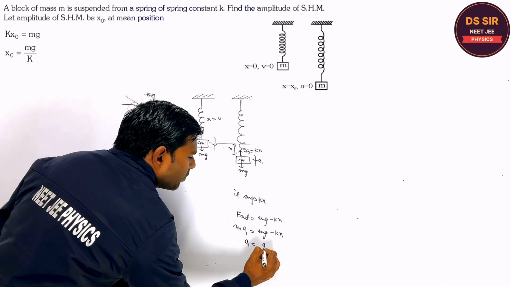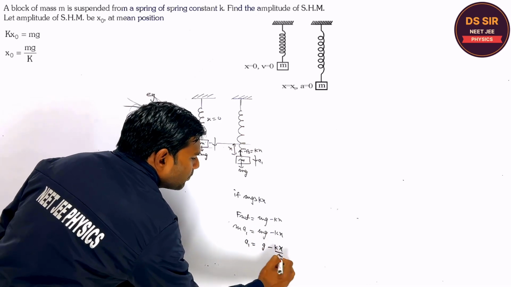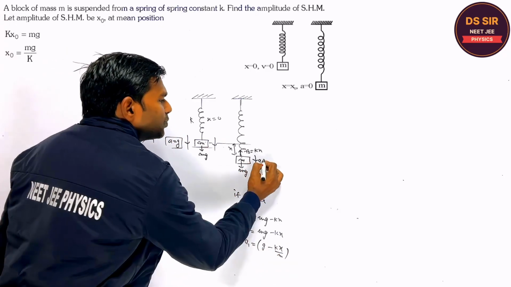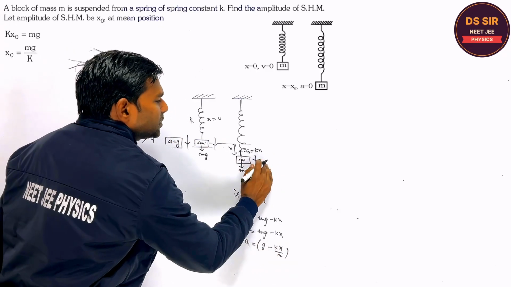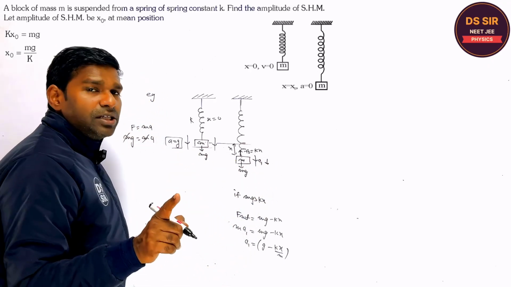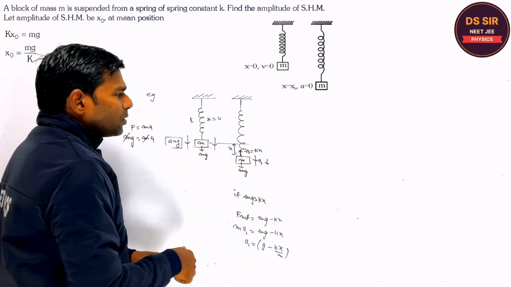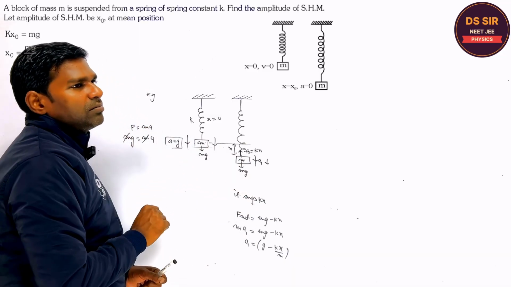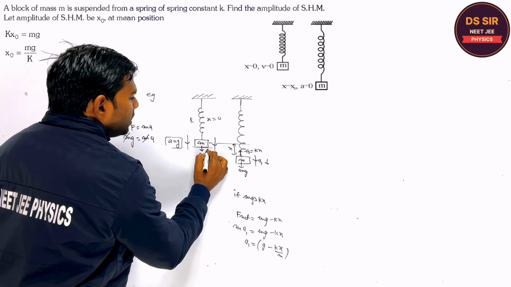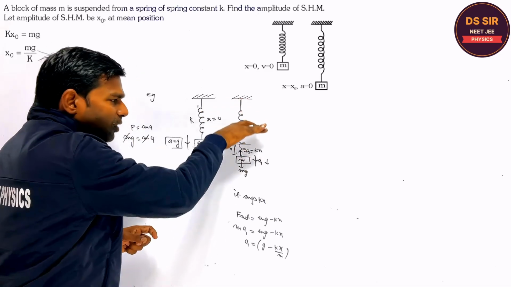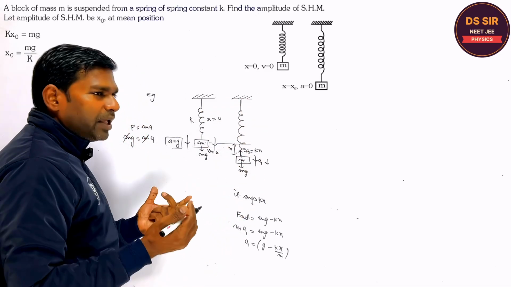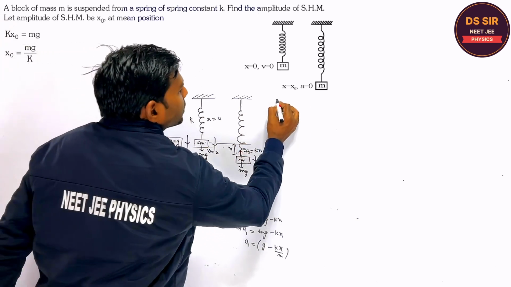So a1 will be equal to g minus kx upon m if you divide by m. So the acceleration is reducing. The acceleration reducing does not mean the velocity is reducing. Here the initial velocity was 0. The velocity will keep increasing as long as it has the acceleration.